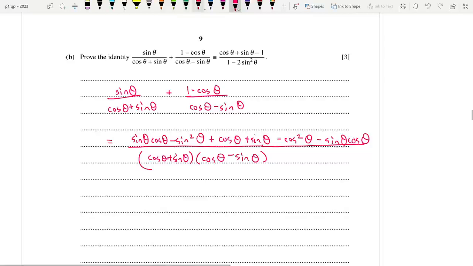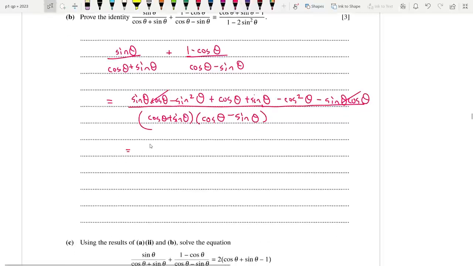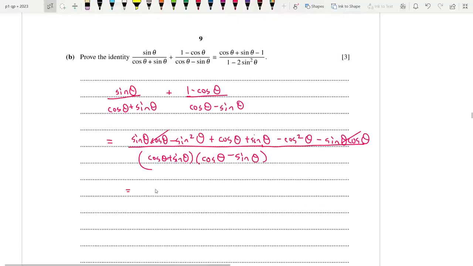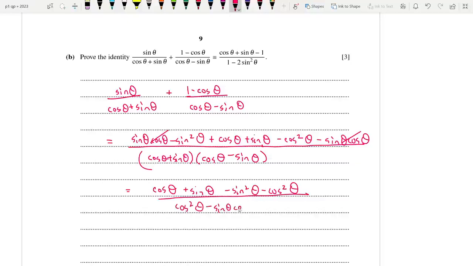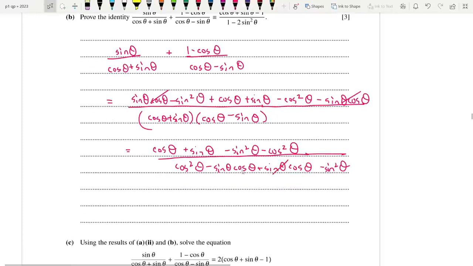So we can get rid of this minus sin theta cos theta plus this one. So we end up with cos theta plus sin theta minus sin square theta minus cos square theta, and below we get cos square theta minus sin theta cos theta plus sin theta cos theta minus sin square theta. We can get rid of this and ultimately we get cos theta plus sin theta.